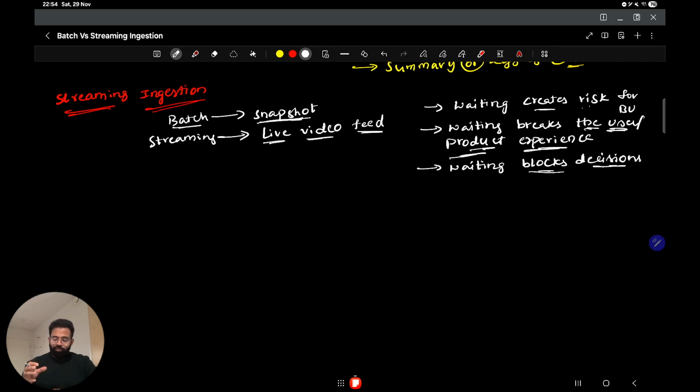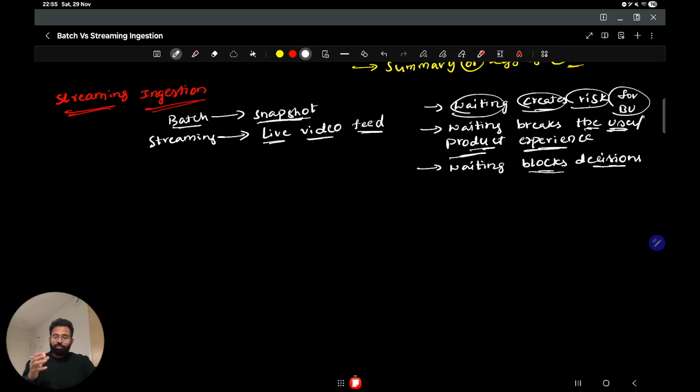So let's try to break this down with some real-world use cases. Let's talk about fraud detection, right? The first point here is that waiting creates risk for the business, and a perfect example is fraud detection. Here speed directly affects money. For example, say you have a credit card or debit card, and your card got stolen, but somehow that stolen card is being used.